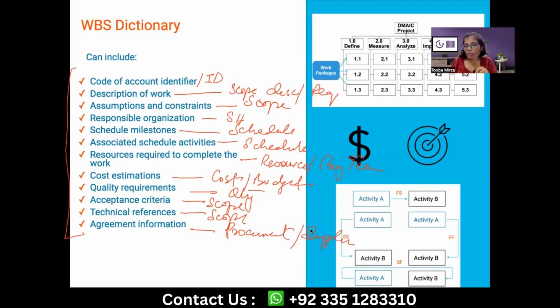Why am I writing this down? What sense am I trying to make over here? You can see that scope, schedule, resource, stakeholder, cost, quality, procurement, and there can be communication related aspects as well over here. Communication, maybe how many changes have been accepted so far, their understanding, and multiple other stuff.